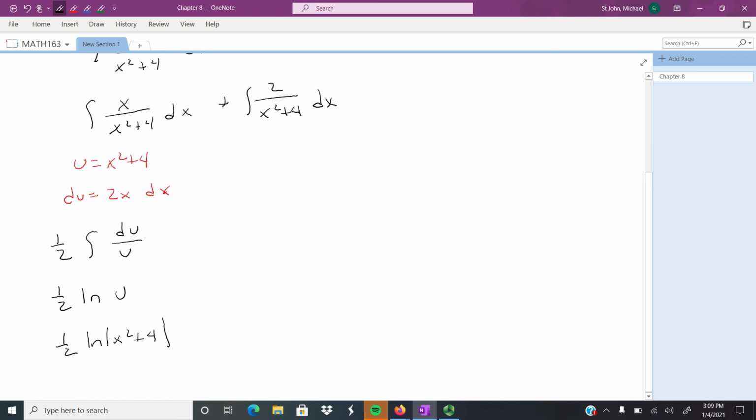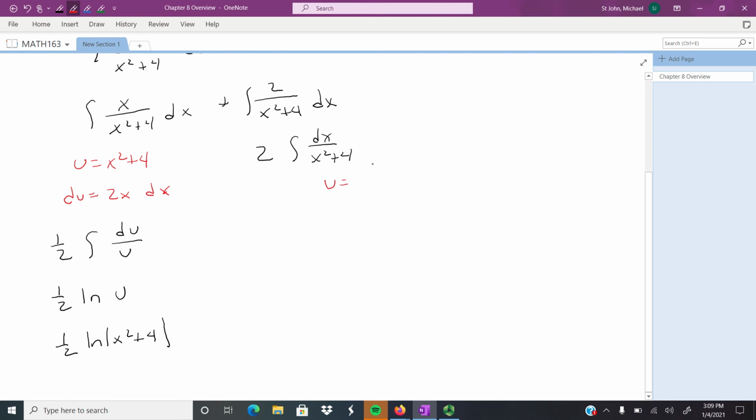Okay. So let's now go to the other part of this. This is going to be 2 times the integral of dx over (x squared plus 4). And then we can do some more substitution here.